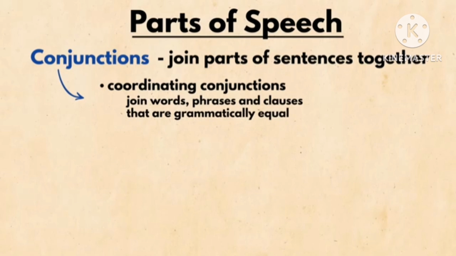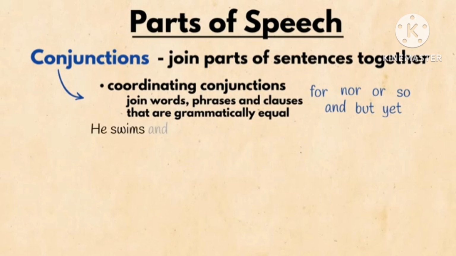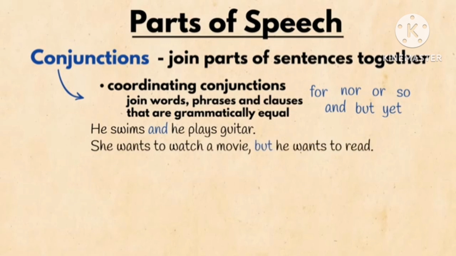The most common coordinating conjunctions are for, and, nor, but, or, yet, and so. Here are some examples of coordinating conjunctions in use. He swims and he plays guitar. She wants to watch a movie, but he wants to read.